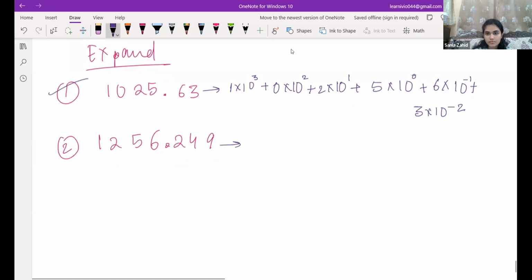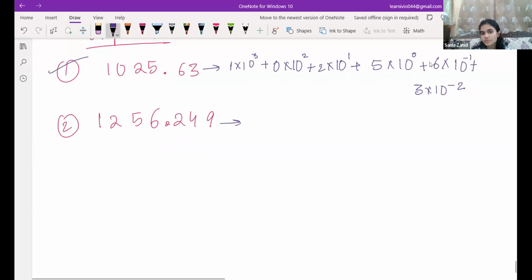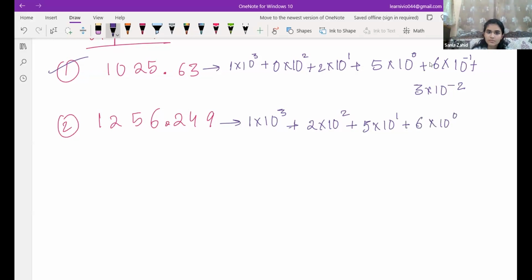Who will tell me the second one now? Yes, Duha. Ma'am, it's 1 into 10 to the power 3, plus 2 into 10 to the power 2, plus 5 into 10, plus 6 into 10 to the power 0, plus 2 into 1 by 10, so that's 10 to the power minus 1.